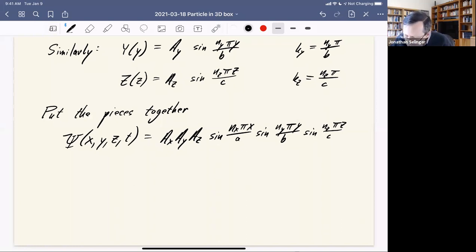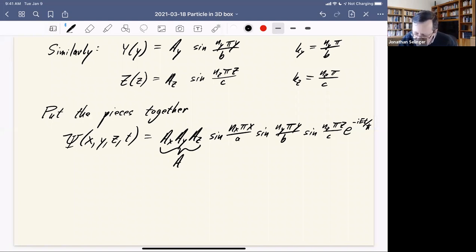And then all of this is multiplied by the complex exponential e to the minus i E t over h bar. And here we have 3 constants multiplied together. There's no need to keep them separate anymore. Let's just call that A by itself.